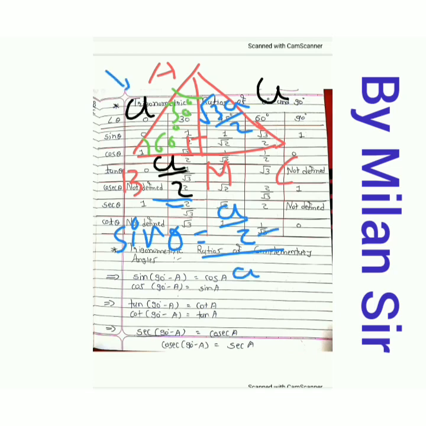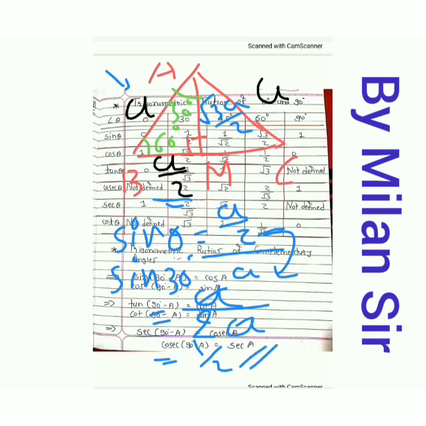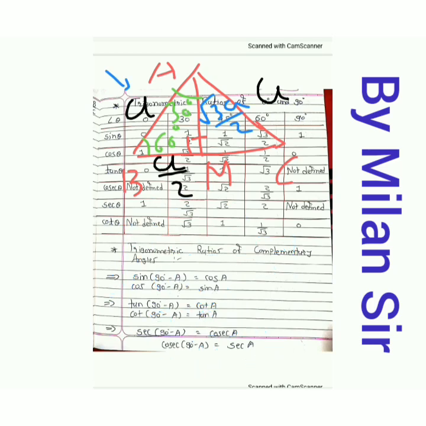So the denominator of the numerator goes to the denominator, a by 2a, then a cuts, so 1 by 2. So the value of sin 30 is 1 by 2, that I already wrote in my table.